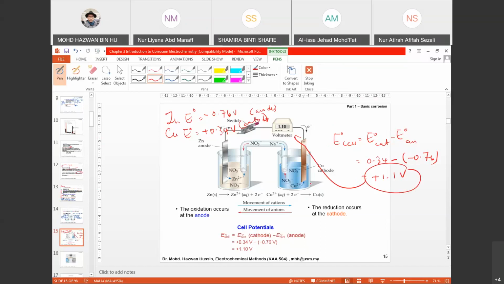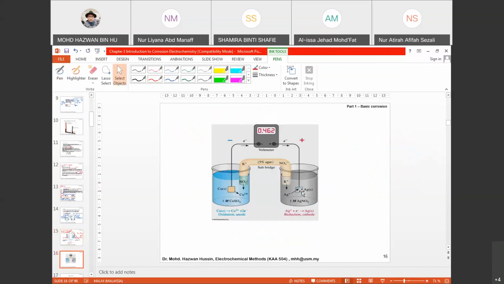The initial potential created over here is positive 0.34, and this one over here, E naught, is equal to minus 0.76 volt. Similar things to show the examples, which one will be anode and which one will be cathode.